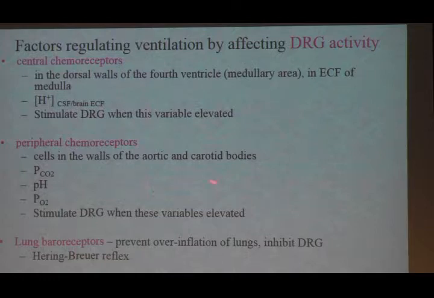Also in the walls of large arteries, namely of the carotid artery, and you'll see exactly where, and in the aortic arch, there's also chemoreceptors that communicate with the DRG. Now these chemoreceptors monitor the PCO2 of blood, monitor the pH, and monitor the PO2 of blood. And in response to changes in these variables, they vary their stimulation pattern of the DRG and can affect, therefore, the pattern of breathing.